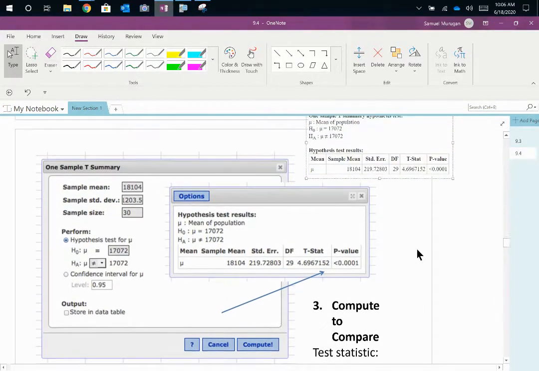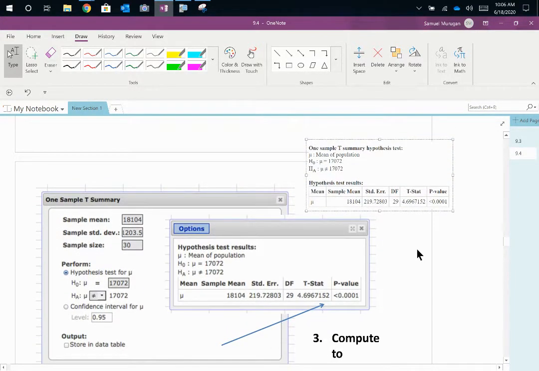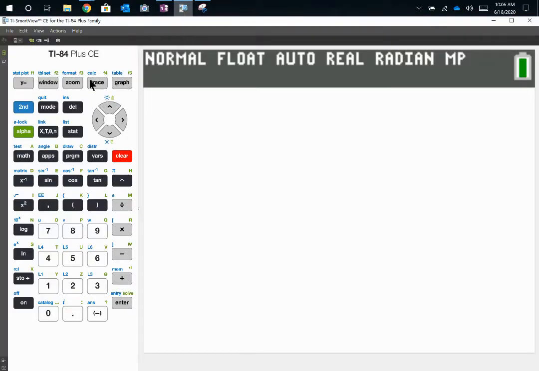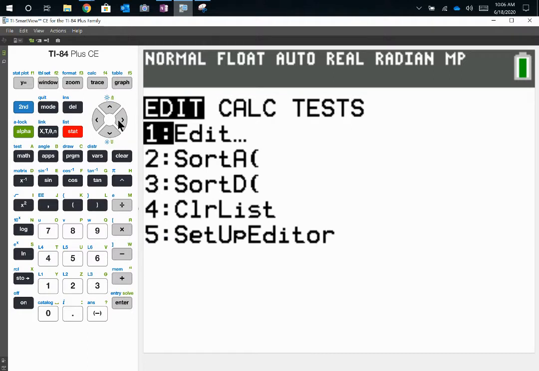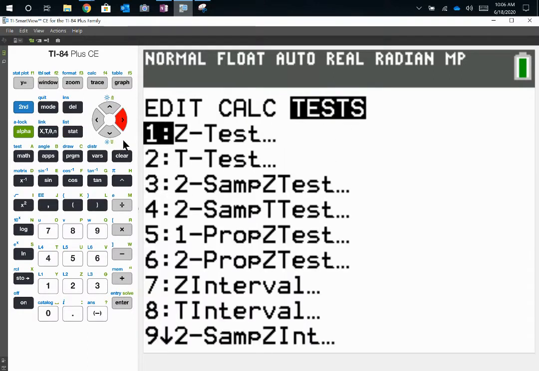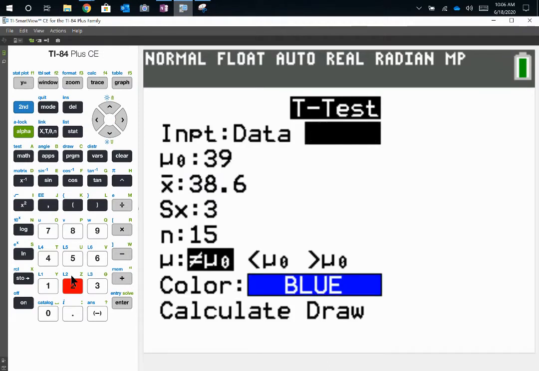Now, if we wanted to do this with the calculator, you can also do this with the calculator. Go to your TI-84, stat, scroll over to test, and we're taking number 2, t-test. We're inputting stats. Okay, so the mu is 17,072.